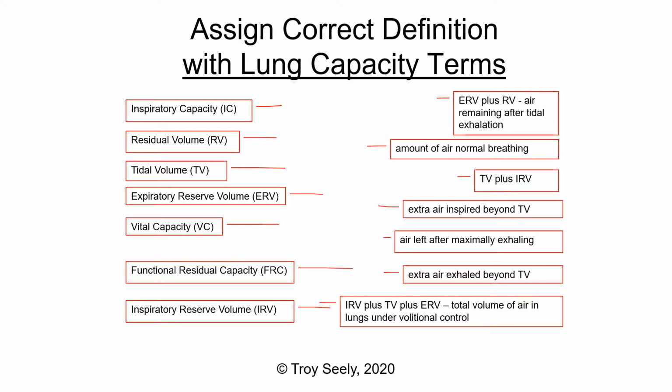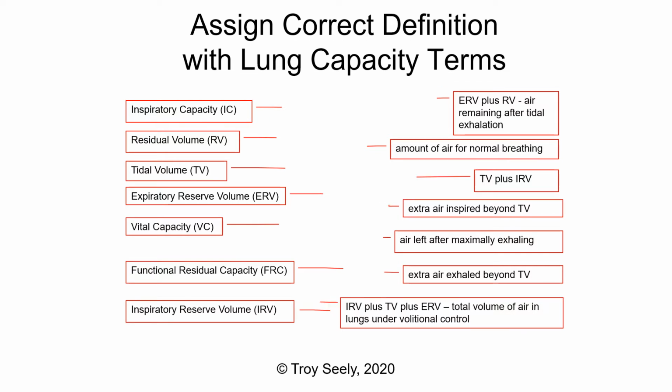Okay, let's see what we have. Inspiratory capacity, that is tidal volume plus inspiratory reserve volume. Residual volume is the air that's left after maximally exhaling. Tidal volume is the amount of air for normal breathing.